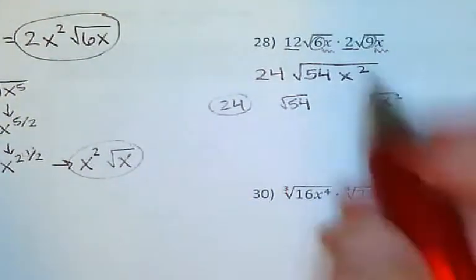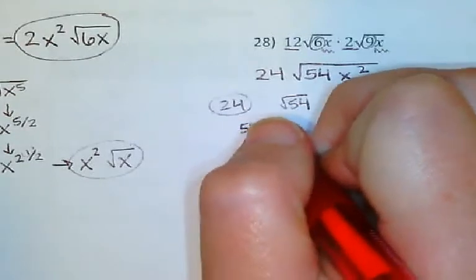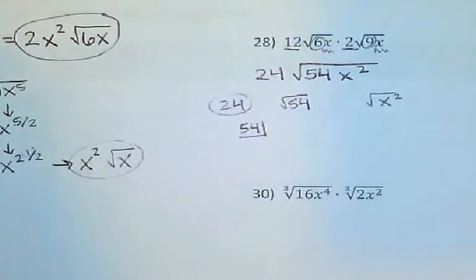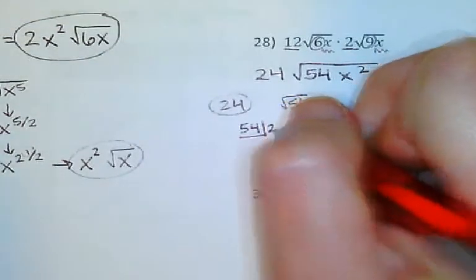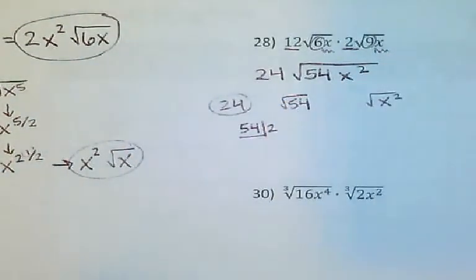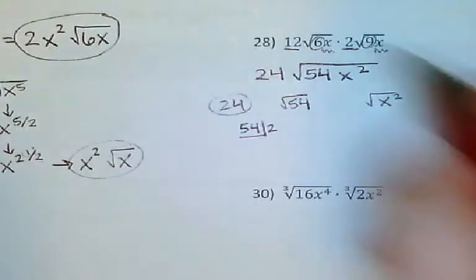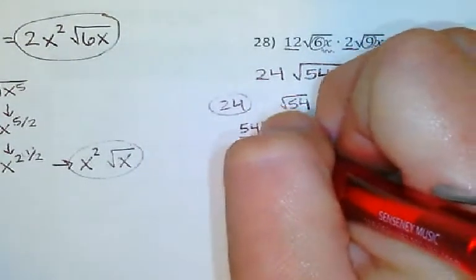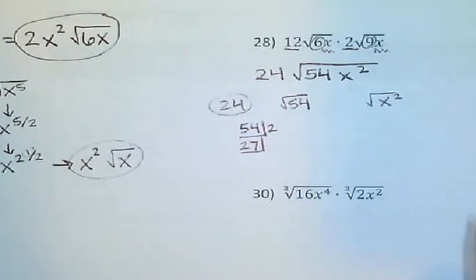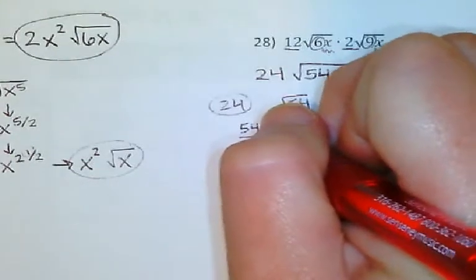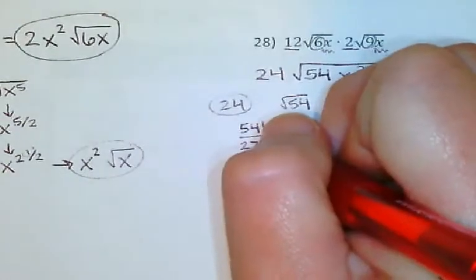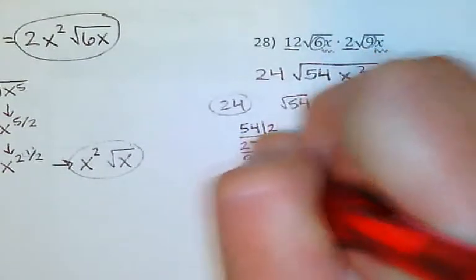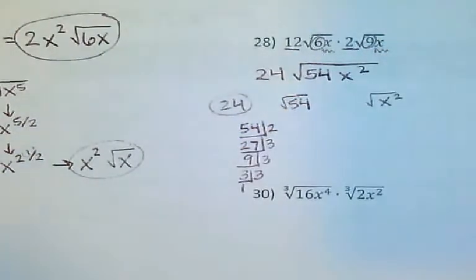So we'll start with this 54 by breaking it down. What's a prime number that goes into 54? It's even, so 2 can go into 54. Let's see here, 27 times? What's a prime that goes into 27? 3 can go into 27 9 times. 3 goes into 9 3 times, and 3 goes into 3 once.